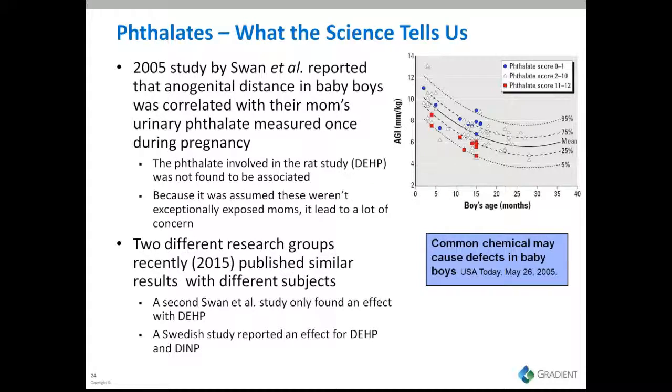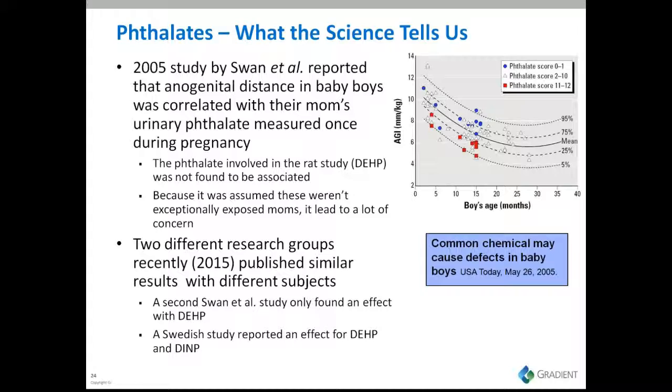But then in 2005, another study came out that reported that anogenital distance in baby boys was correlated with their mom's urinary phthalate measured one time during pregnancy. This is shown on the graph on the right-hand side. The blue dots are the moms with the lowest levels of phthalates. The red squares are the moms with the highest levels of phthalates in their urine.